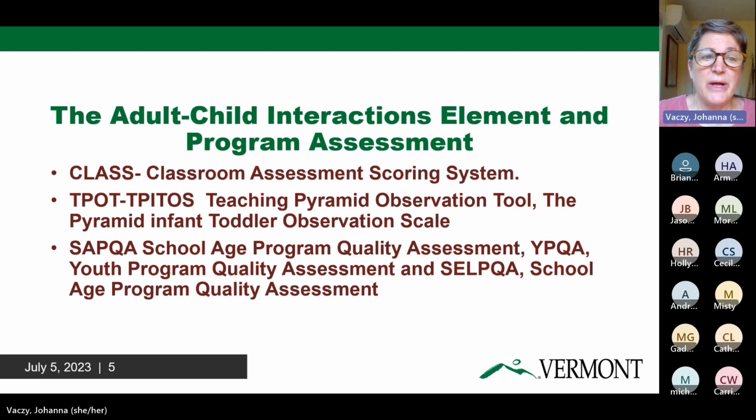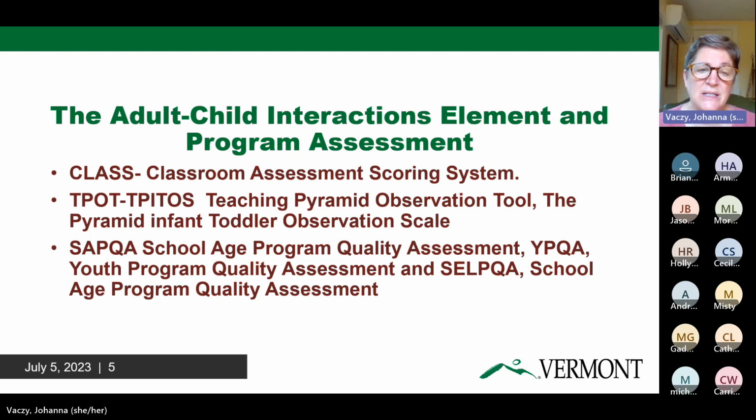For school age programs, as I mentioned before, programs will use the school age program quality assessment. There are several different types of program quality assessment. There's the school age program quality assessment for school age children, which is kindergarten through 4th grade. The youth program quality assessment, which is 4th grade through age 13.